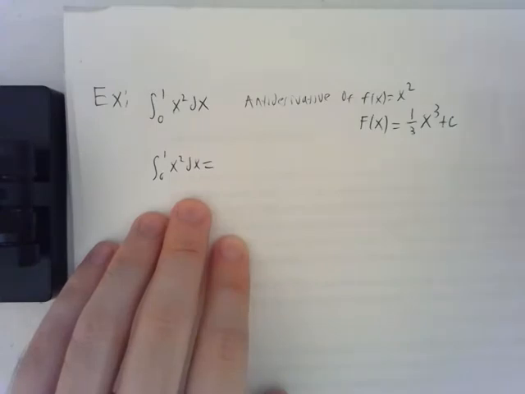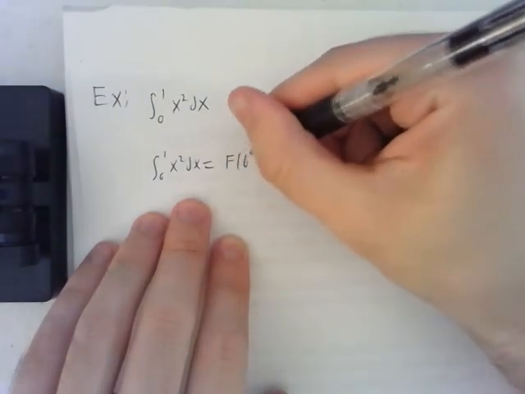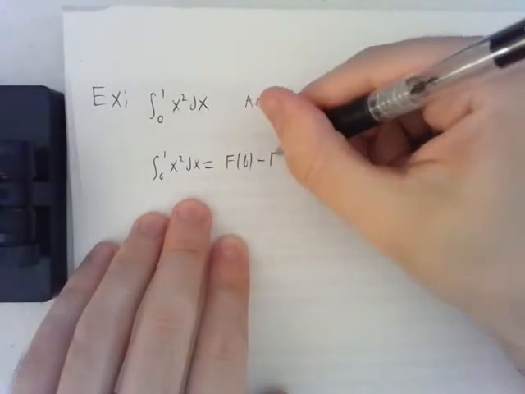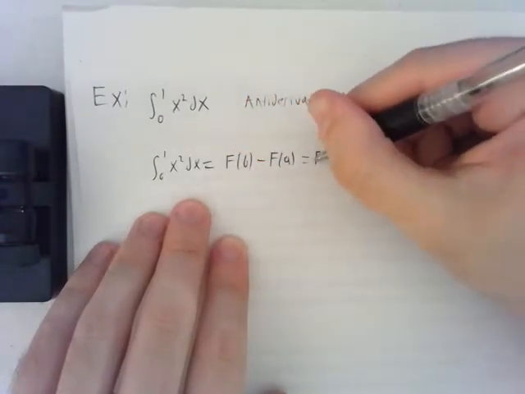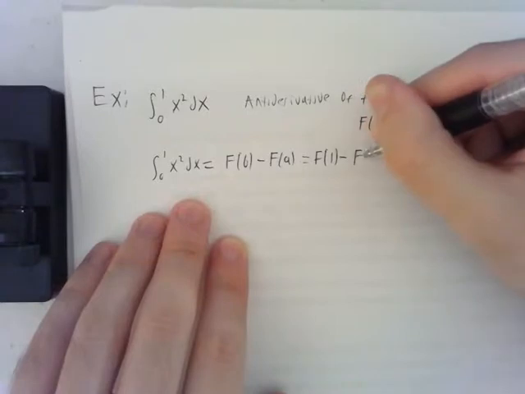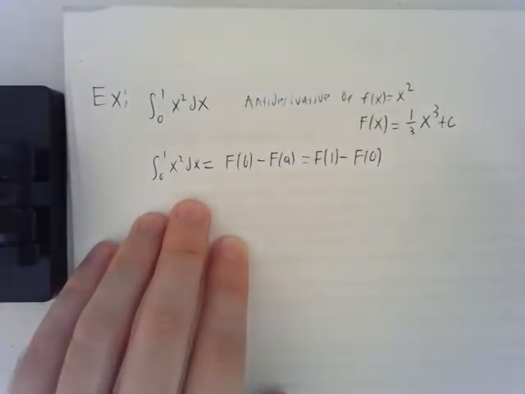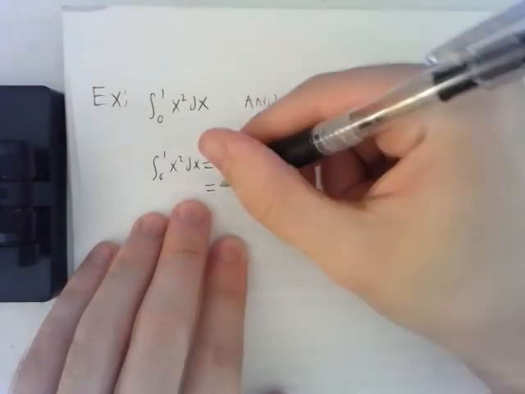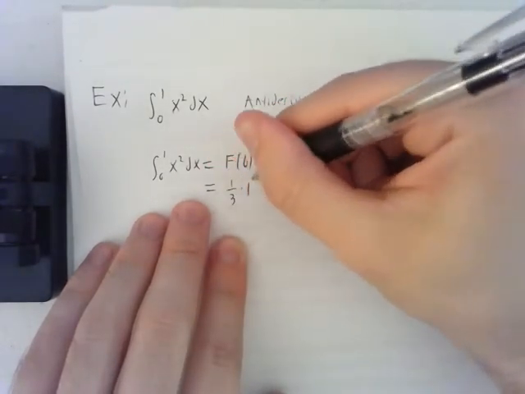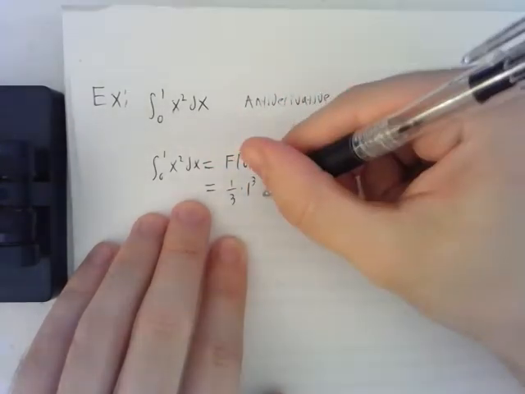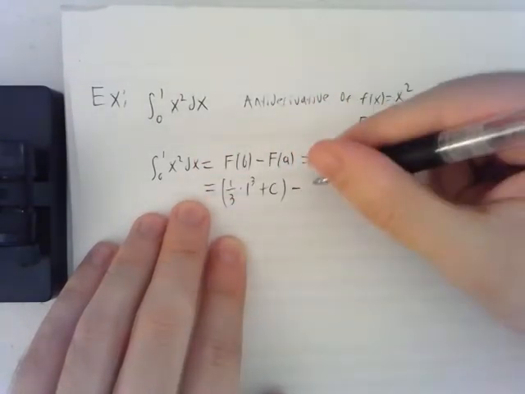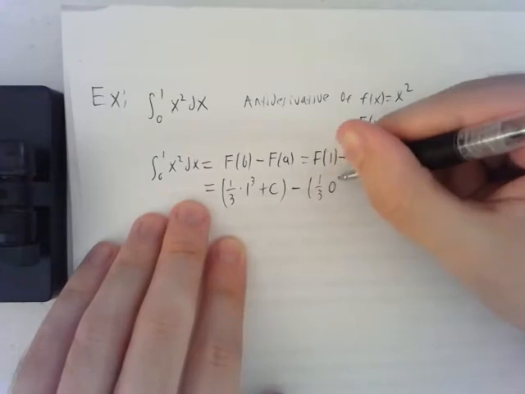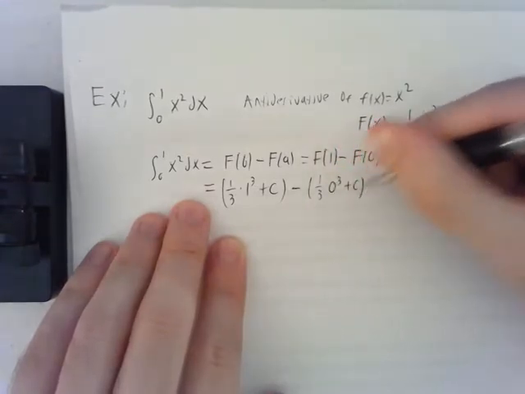So now by the fundamental theorem, this is equal to F(b) minus F(a), which in this case is F(1) minus F(0). And if we plug in our function, that means it's 1/3 times 1 cubed plus c, minus 1/3 times 0 cubed plus c.